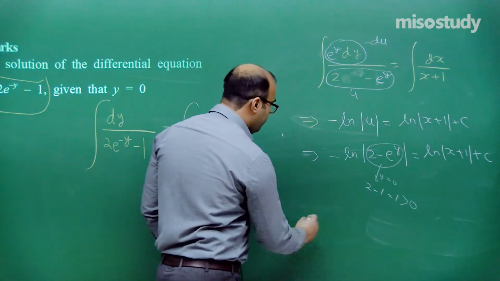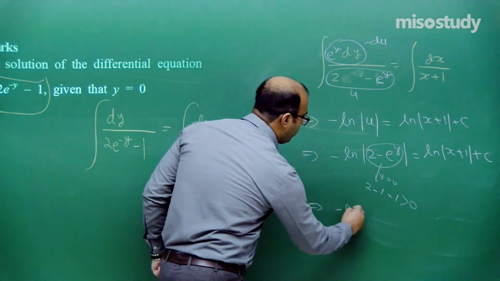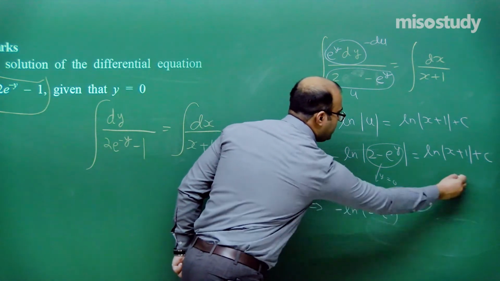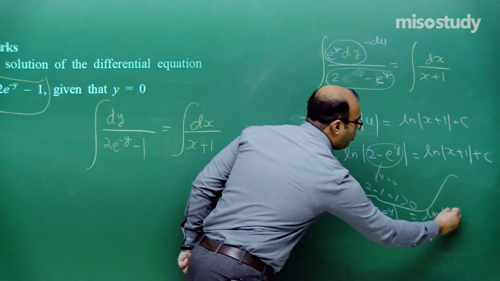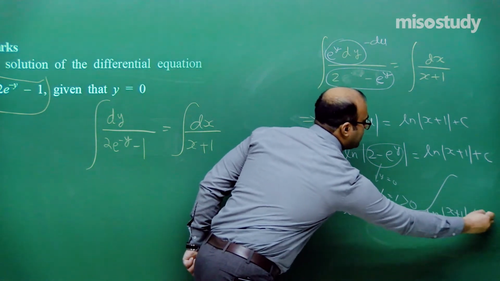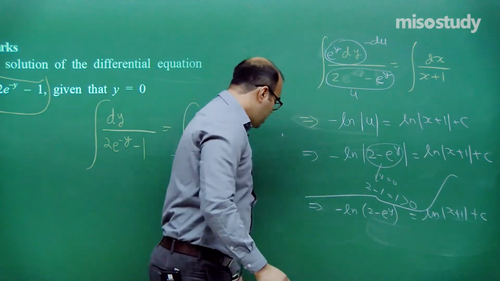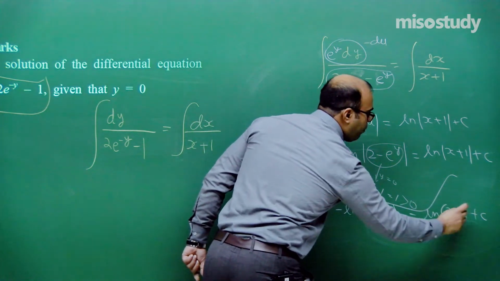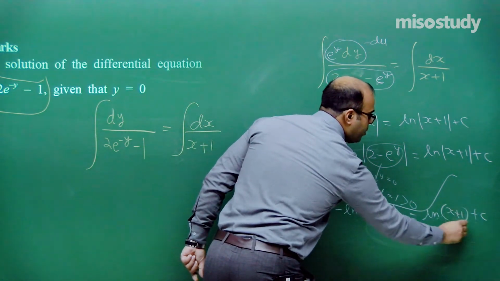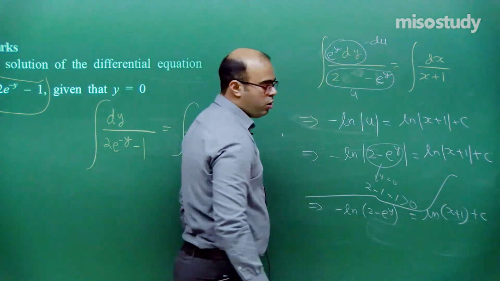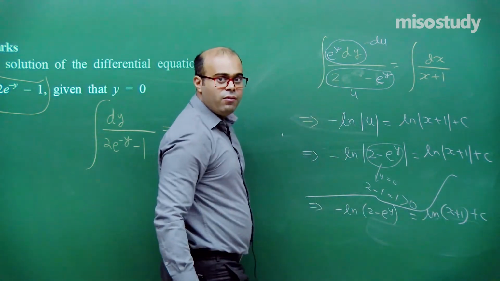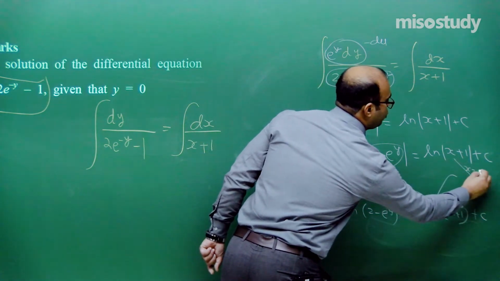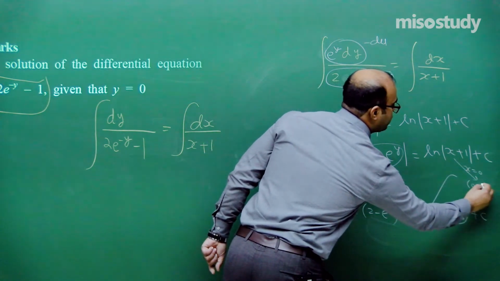So we can say that this is minus log of (2 minus e^y) is equal to log of mod of (x + 1) plus c, right students. Next, here also mod will eliminate with a positive sign only, because when we put x equal to 0, 0 plus 1 is 1, which is positive.